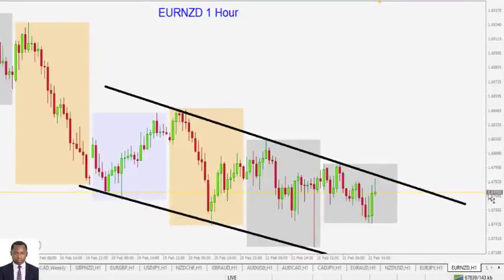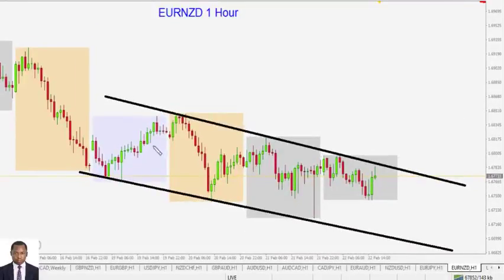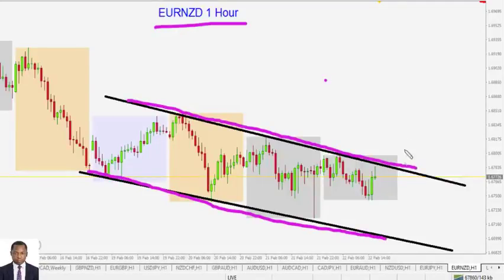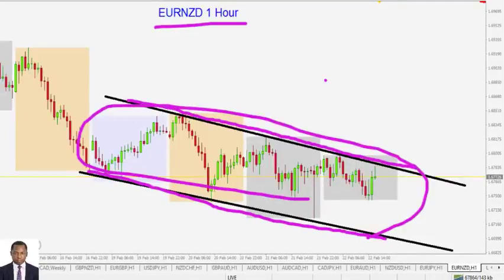For the 1 hour time frame, it's already giving the hint that we are likely to push to the upside for the euro against the New Zealand dollar. So be very hesitant hitting on your sell button.